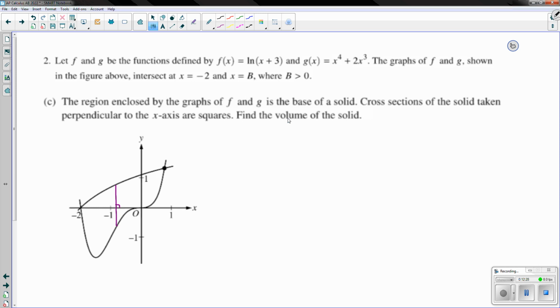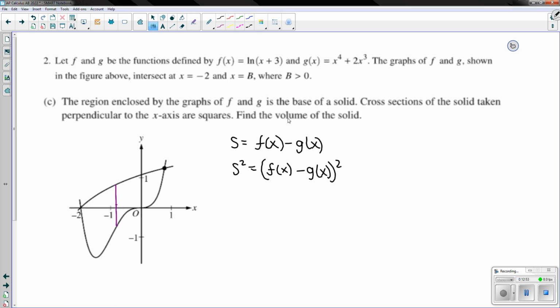And the length of that line, as we've been doing in the previous parts, is the difference between the top function and the bottom function. So we're going to say that s, the side length, is f of x minus g of x. So side squared, which is our area formula, is going to be this difference squared.